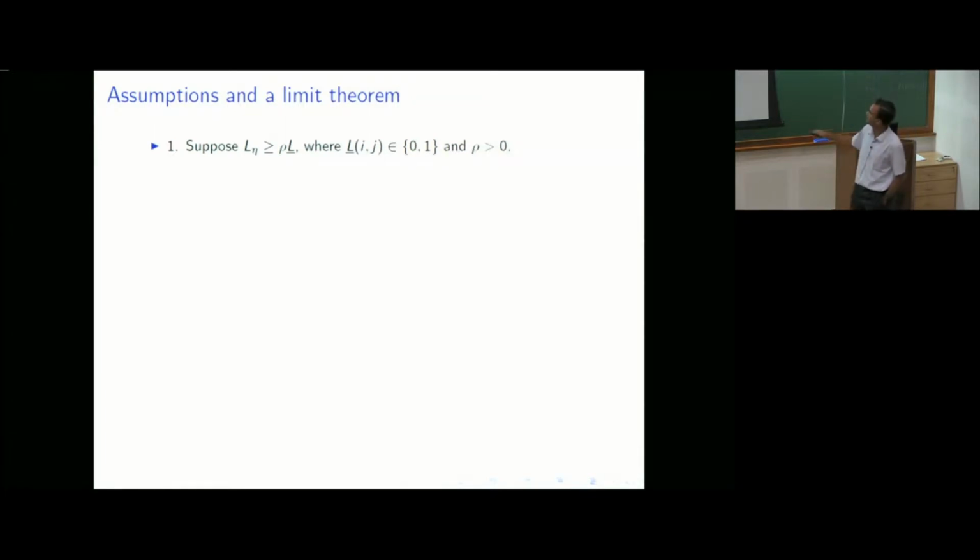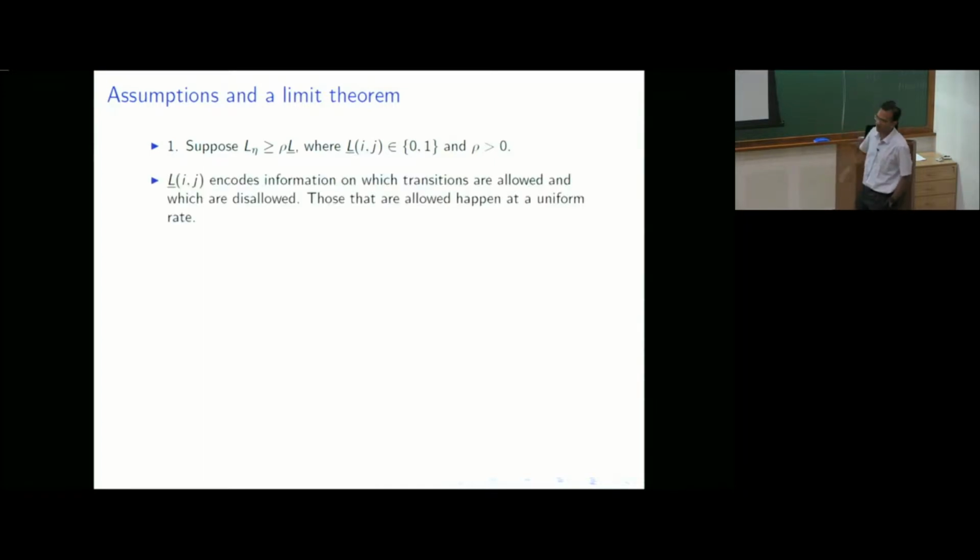L under bar has only zeros and ones, so it provides an encoding of what transitions are possible and what are not. This lower bound says that whenever a transition is allowed, it happens at a certain minimum rate across all possible empirical measures. That's the rho. So we'll assume this condition.